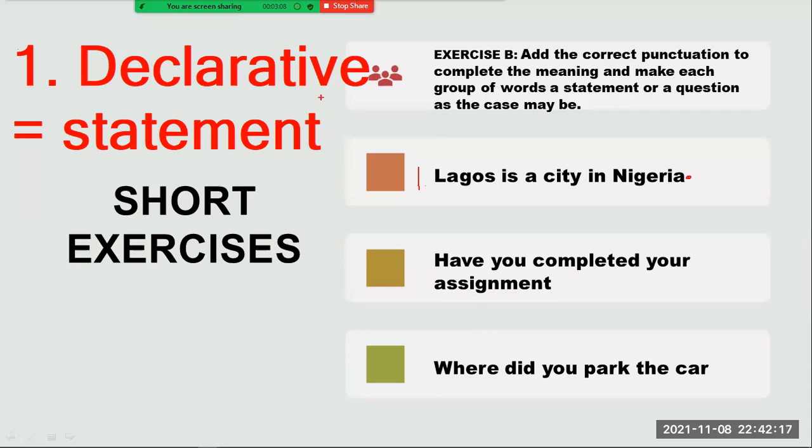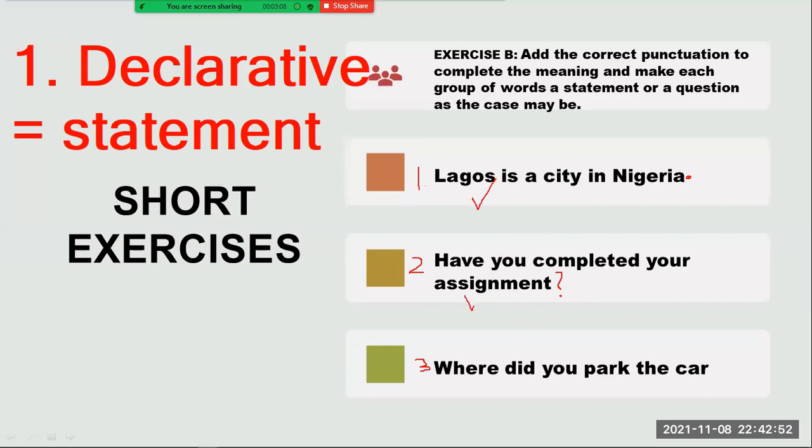All right, so now let's look at the second one. Have you completed your assignment? This is a question, and of course, it has to end with the question mark. Now, the third one, of course, I want you to check what you have done. If you ended the first with a full stop, then you have to mark it good.